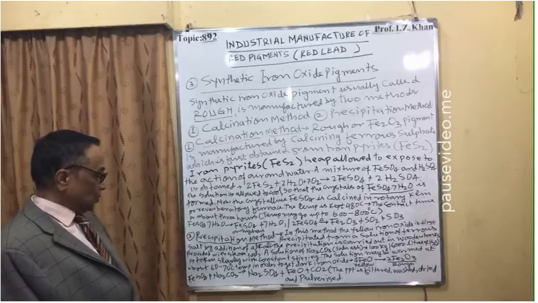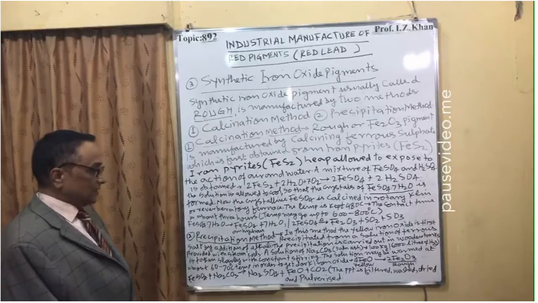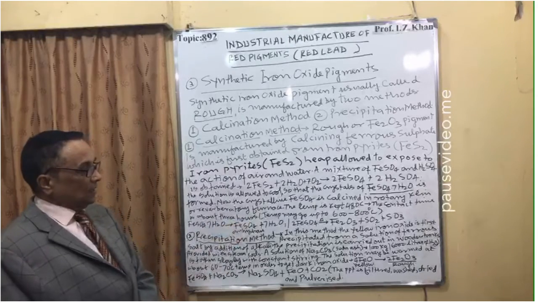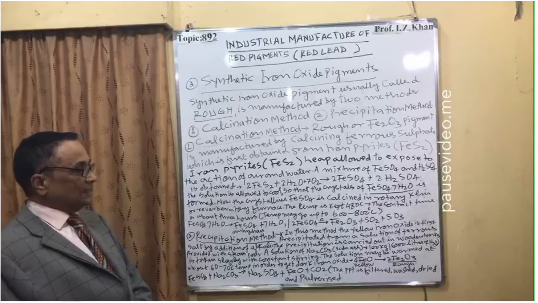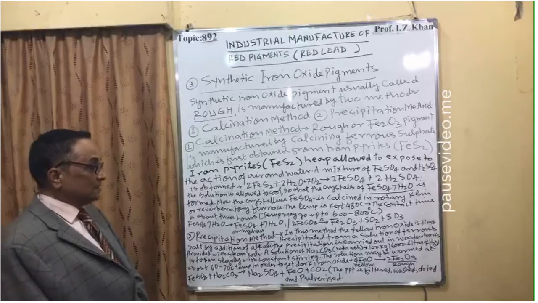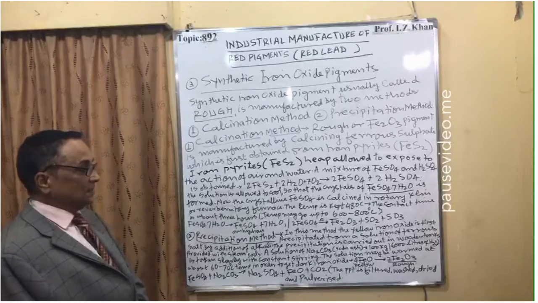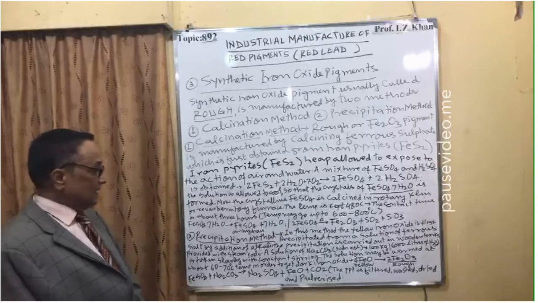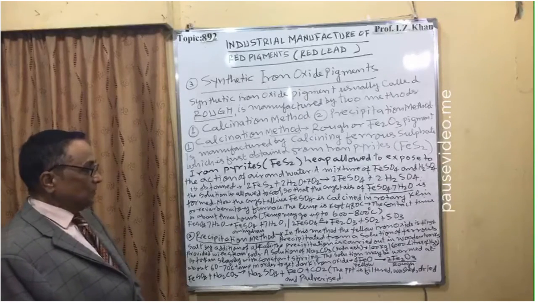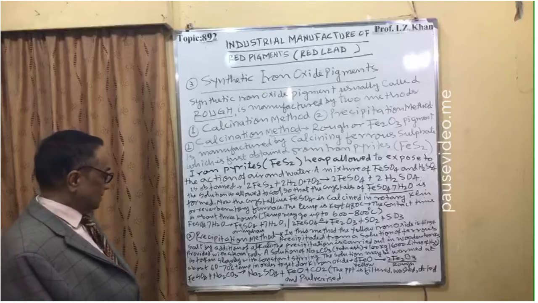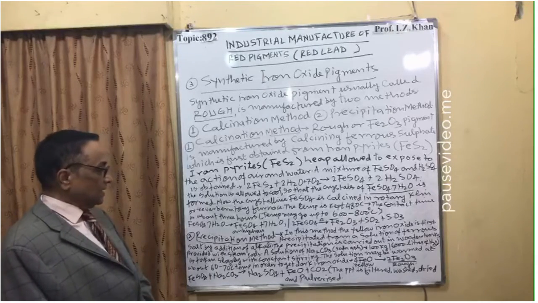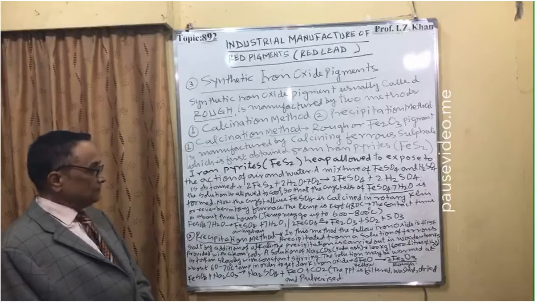It is taken slowly and mixed with constant stirring. You add this 100 kg of soda ash slowly, because it is an exothermic reaction, and continuous stirring is required. The solution may be warmed at about 60 to 70 degrees centigrade in order to get dark iron oxide.